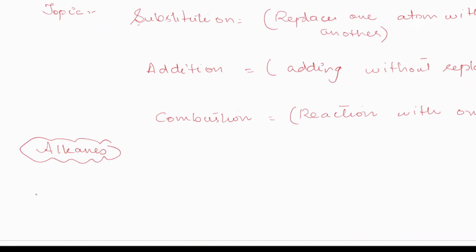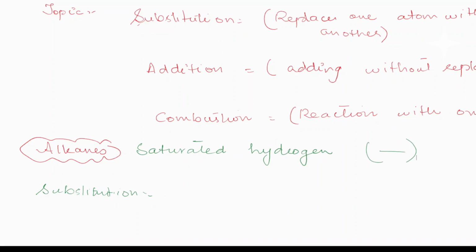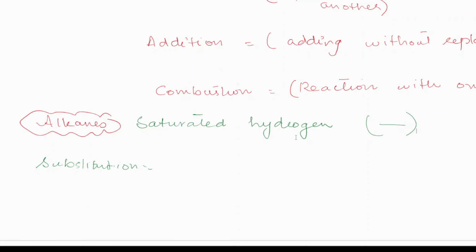Let's talk about substitution. Now, as these are saturated hydrocarbons, they have single bonds and there is no space for any other atom to enter. So if we have methane, I'm starting from a simple one, all bonds are single, but I have to add bromine.